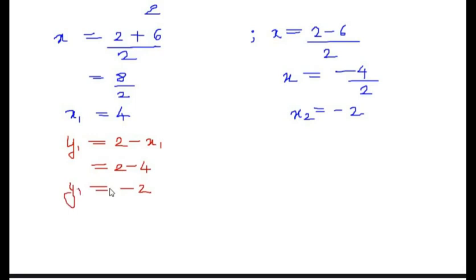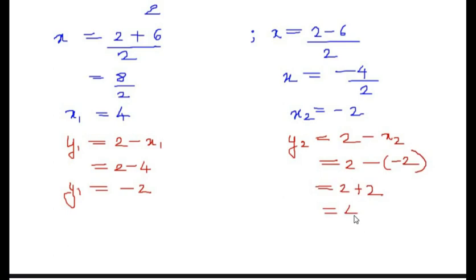And let us take it for the second value of x as well. y2 equals 2 minus x2. So substituting 2 minus of -2, this becomes 2 plus 2, giving us 4.